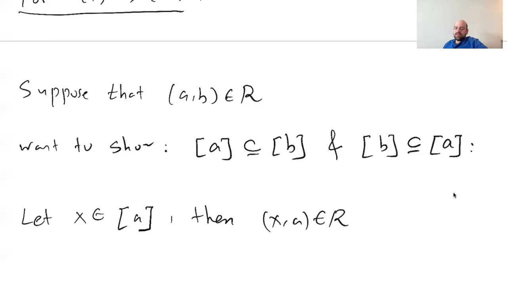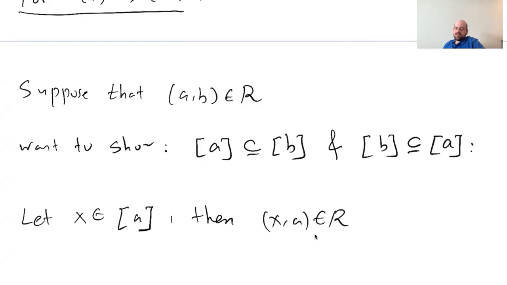So when you take an element in the equivalence class of A, what elements do we have here? All the elements X which are in a relation with A, meaning that either (X, A) is in R, or (A, X) is in R. In this case, I wrote (X, A) is in R, and both of them will be in R, because remember, an equivalence relation is symmetric.